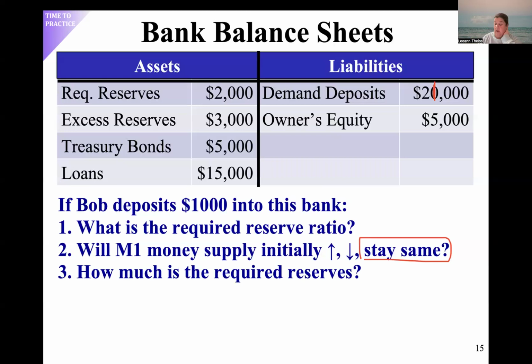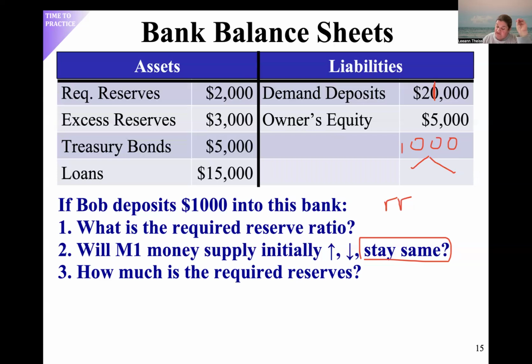So when we take this $1,000, we already know that we have $2,000 in required reserves and $3,000 in excess reserves. So I'm not going to look at the total demand deposits. I'm only going to divide up the amount of the deposit. So we deposited $1,000 and we have to split it into two accounts. One account is going to go into required reserves.